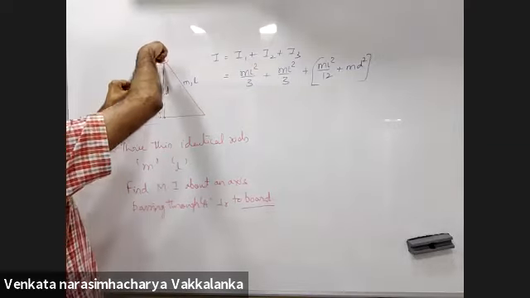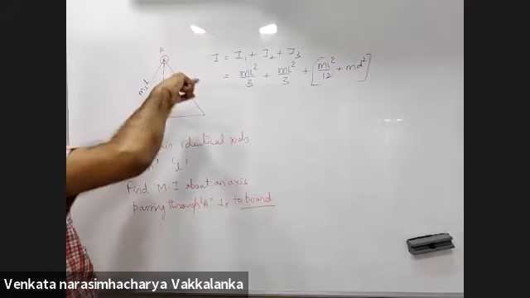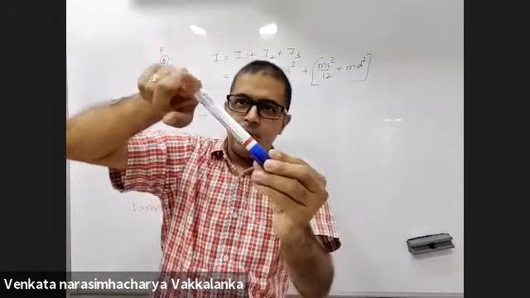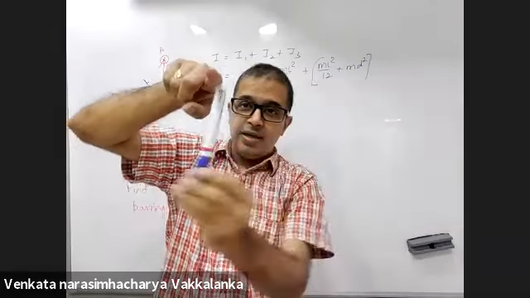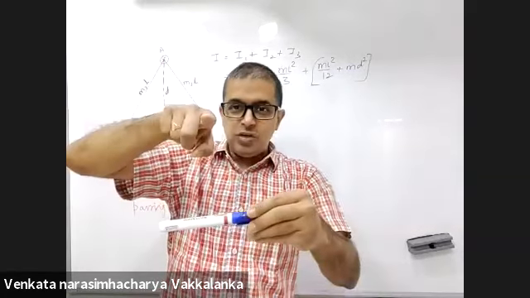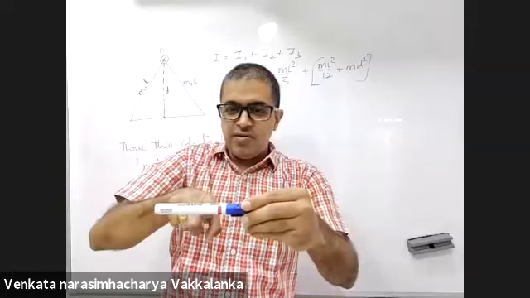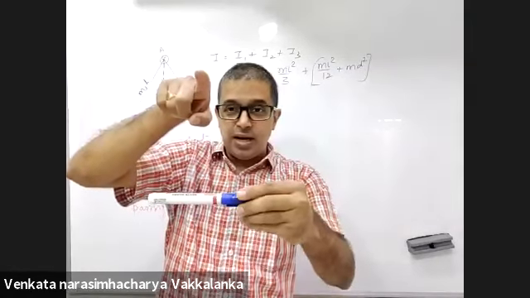This rod about this axis is ml square by 3. About this axis, this rod is ml square by 3. This rod, first I will find out about its center of mass, then translate it using the parallel axis theorem.